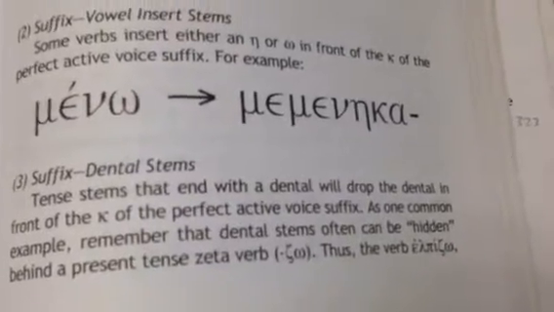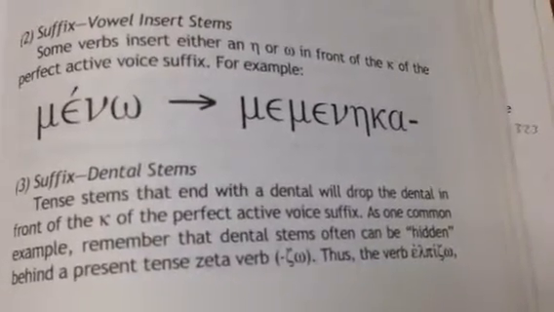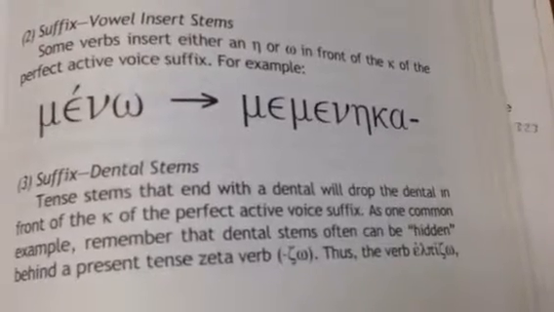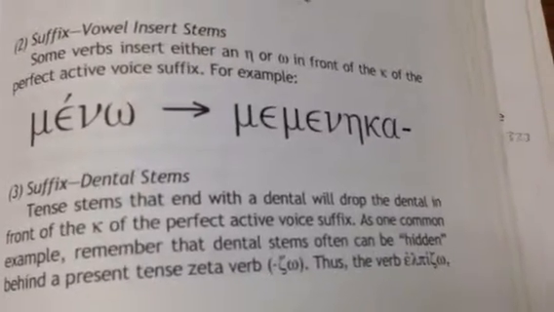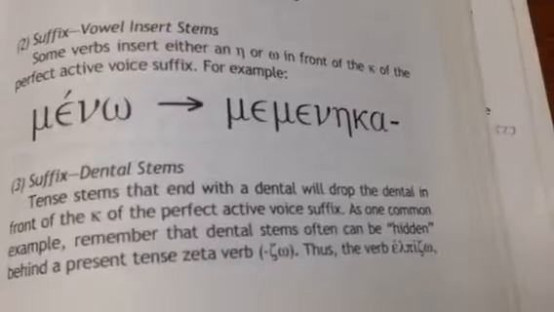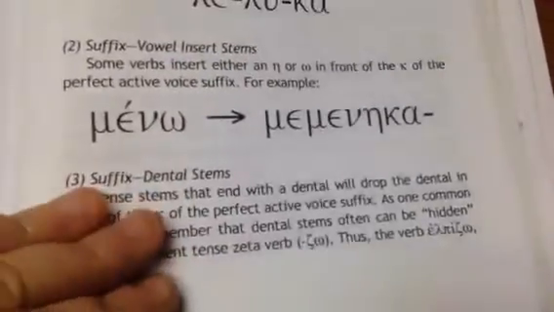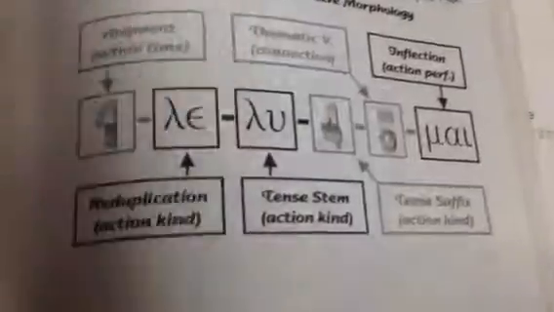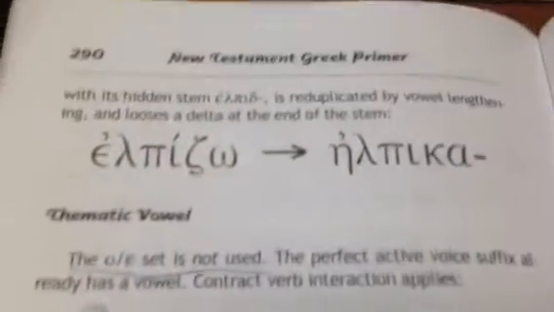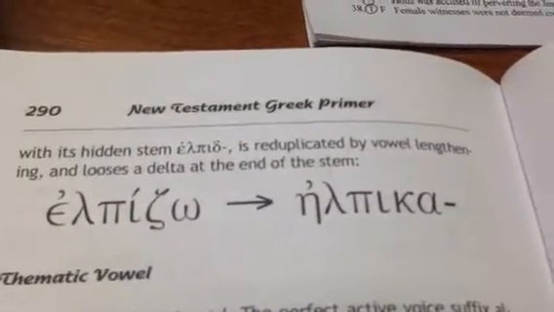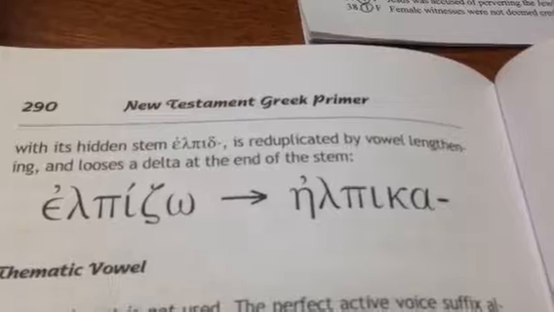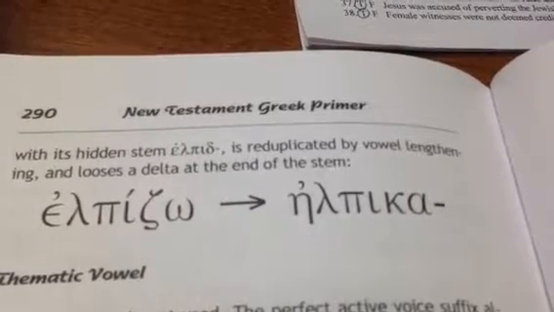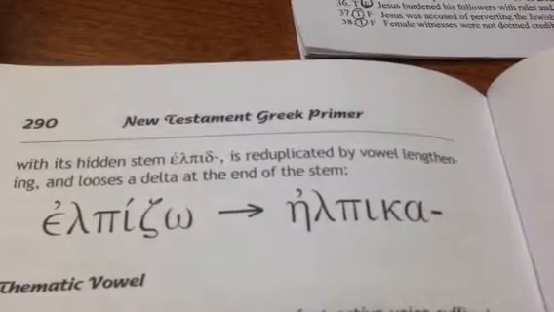Remember those hidden stems that you sometimes have? Like baptizo, okay? Sometimes something will look one way but end up being something else because it had a hidden stem, like a dental stem. Well, that can happen, and in that case, when you add the kappa alpha, you actually end up having, in reality, a delta against it.